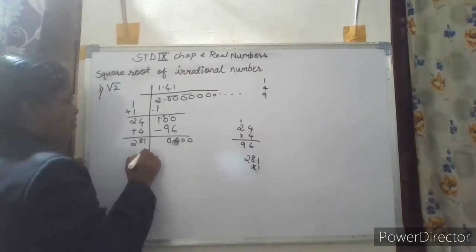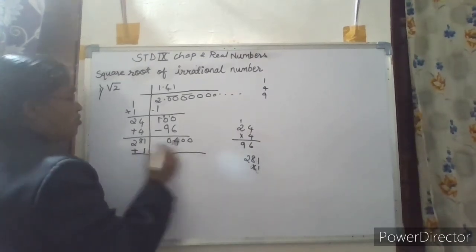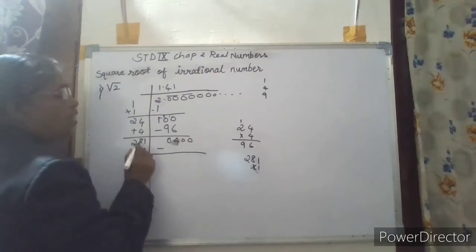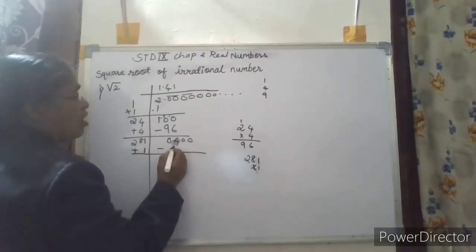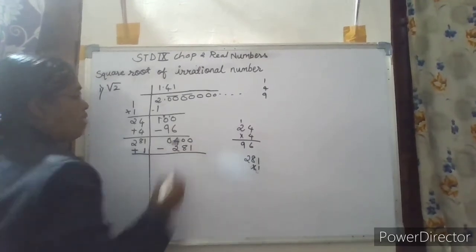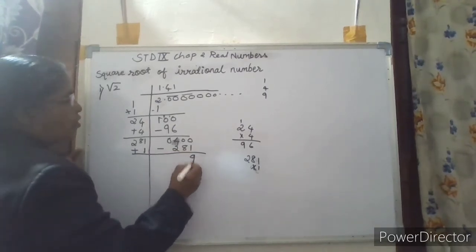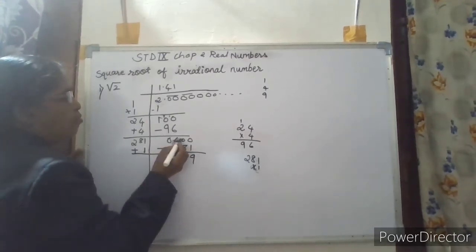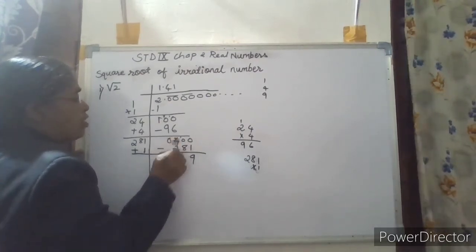So plus 1 here and minus this: 281 ones is 281. Now subtract it. It is 9, because if I borrow from this 4, here 1, 10.